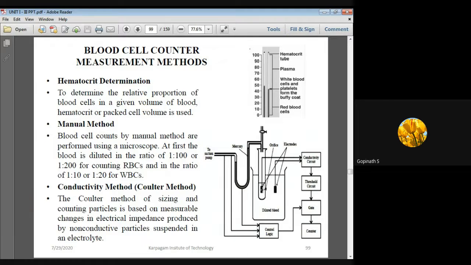Now we are going to do the experiment. While we apply negative pressure, what will happen? The diluted blood will get into the glass tube via the orifice. The orifice is a small opening, and based on its diameter only, we will be able to know the conductivity.